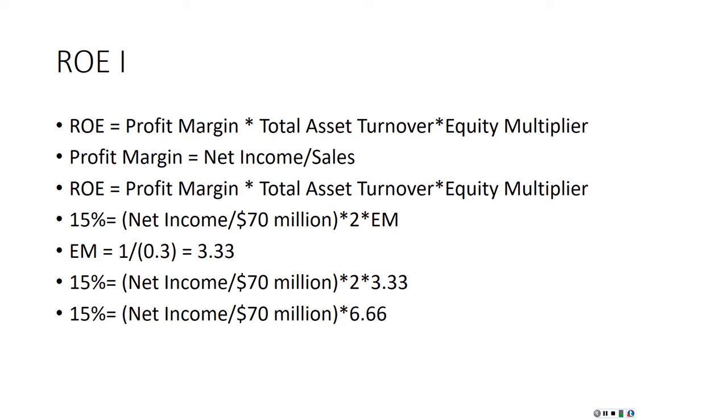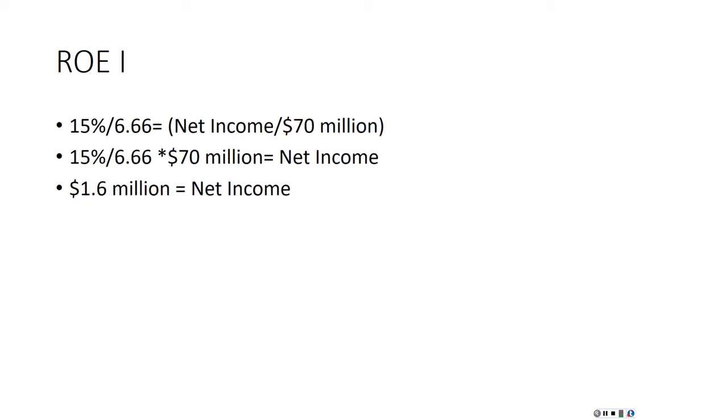So 15% is equal to net income divided by 70 million times 2 times 3.33, which implies that 15%, or return on equity, is equal to net income divided by 70 million times 6.66. Doing a little bit of algebra, we can then say that net income will be equal to 15% divided by 6.66 times 70 million, which is equal to 1.6 million.